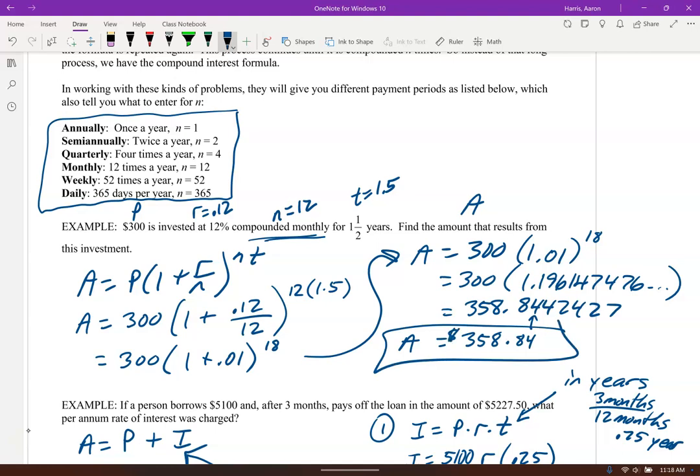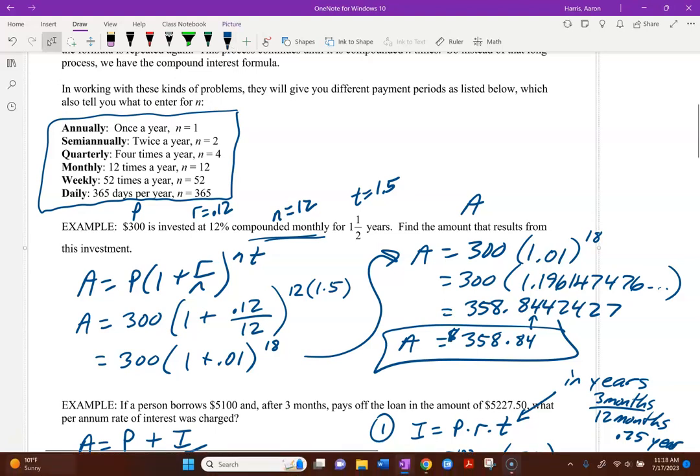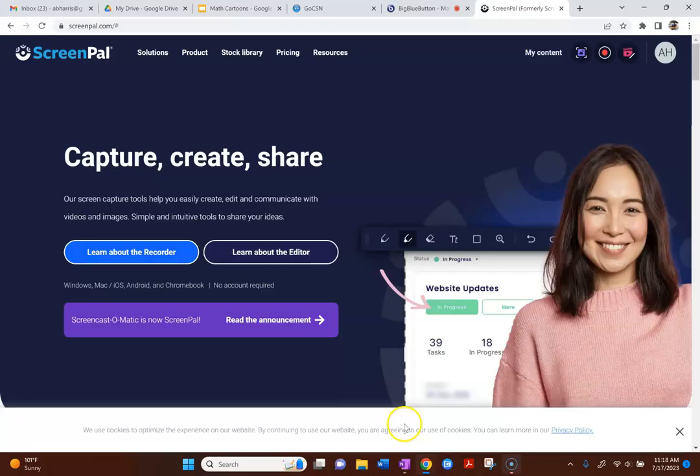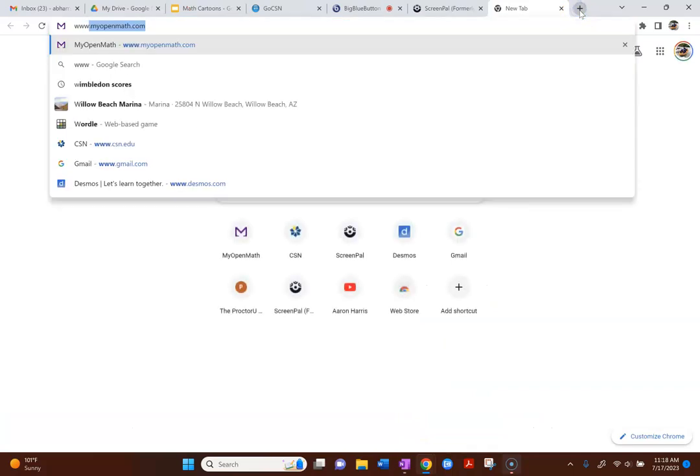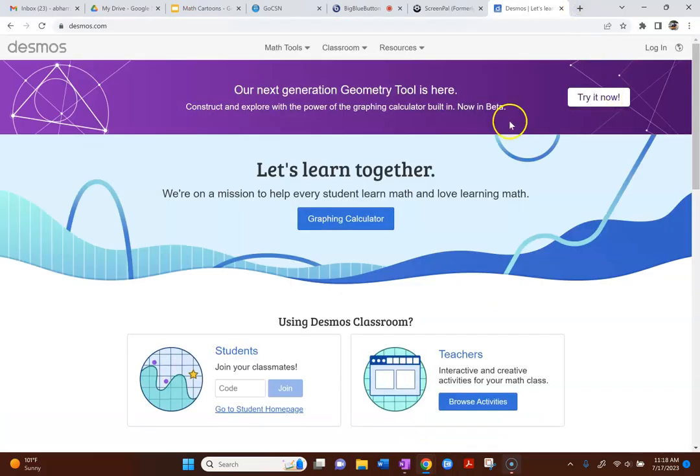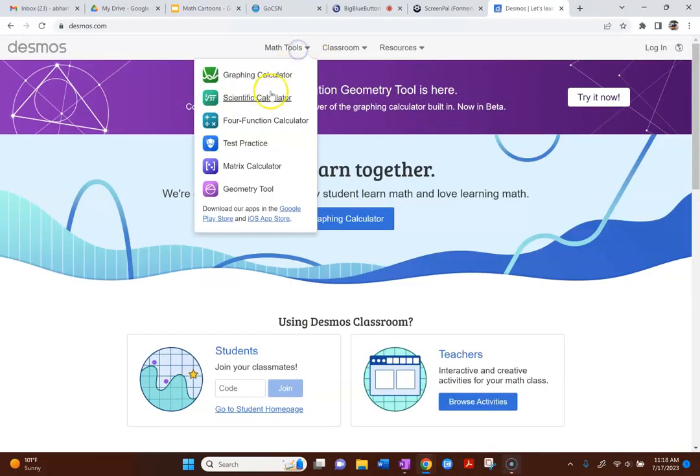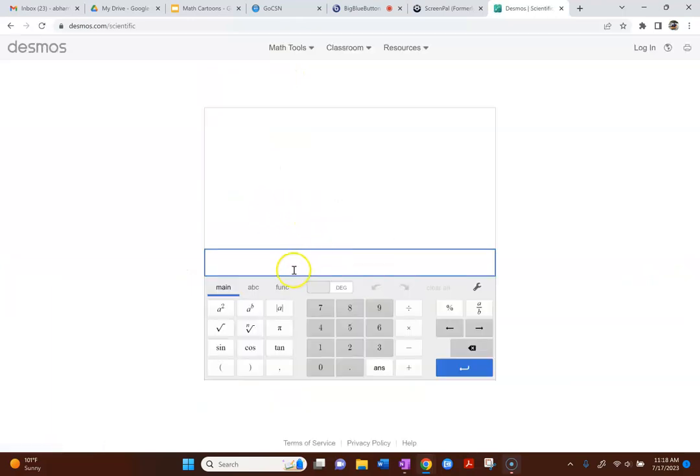That's how much money we have at the end if I put $300 in at 12% for a year and a half, compounded monthly. Let's make sure that we can punch that into Desmos together. We did 12 times 1.5.